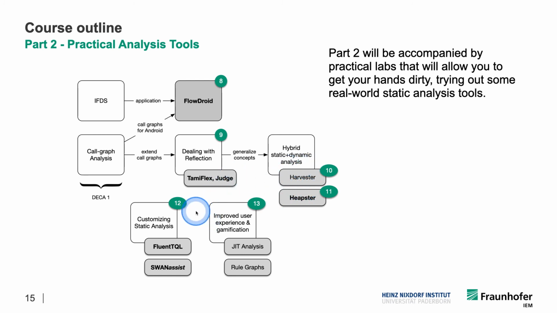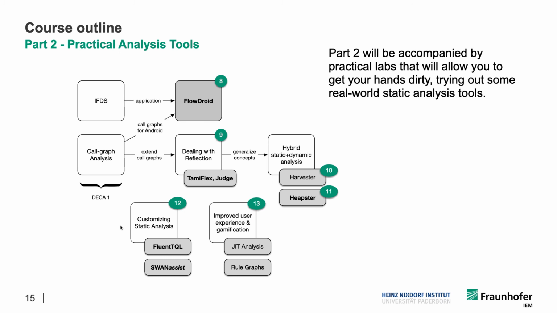And then another topic that I want to talk about is customizing static analysis, because in particular, when you talk about static security code analysis, many of the properties that these tools need to check are really specific to certain frameworks and libraries that people are using. So for instance, an authentication library, right? In order to make the analysis find anything useful, in order to make them detect actual vulnerabilities, they need to be customized.